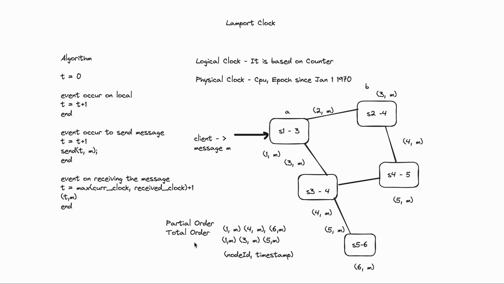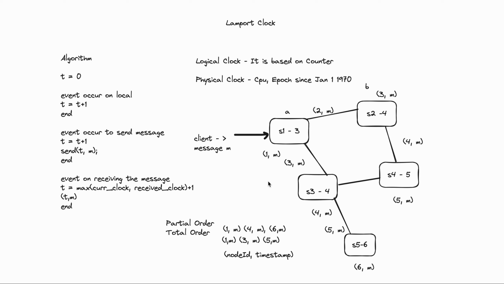So this is what is called total order. We can uniquely identify the message with those things, because there may be cases where 2 machines have the same counter for the message. We can use these to find the total order of messages.